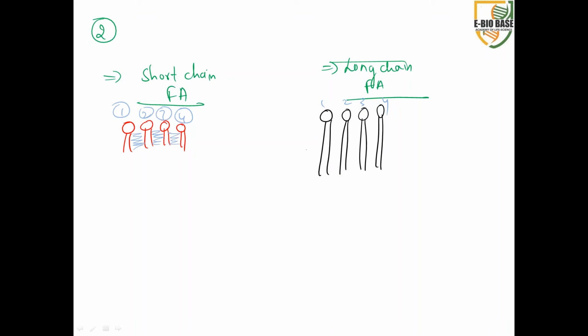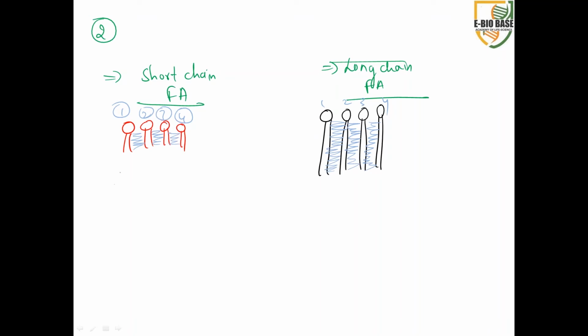Now the same interaction between long chain 1 and 2 phospholipids, see here, it's more the interaction, right? We know the general concept. More the interaction, yes, fluidity will be less. That means larger or long chain fatty acids will have more surface area to interact with each other. Hence what will happen, there will be greater the interaction.